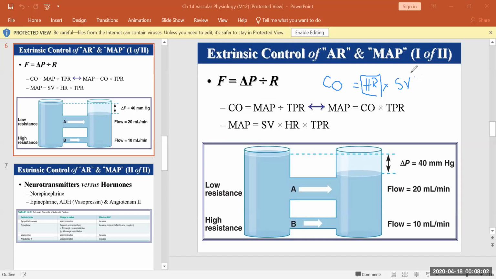And the other one, the mechanical component, is represented by SV, stroke volume, the strength of the contraction. Every time the heart beats, it sends out a defined volume of blood.